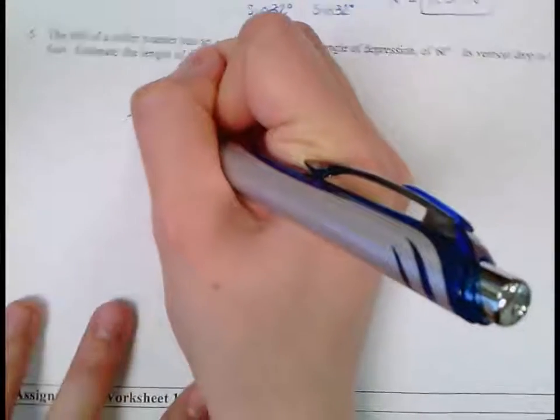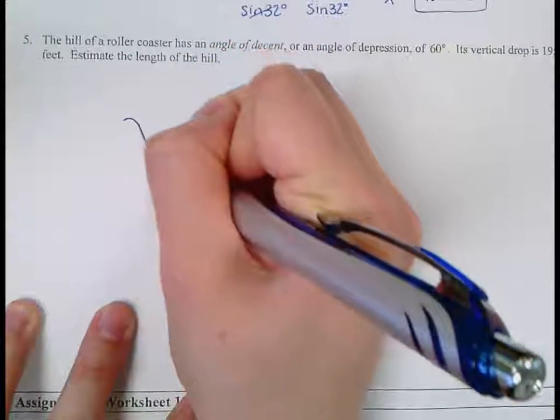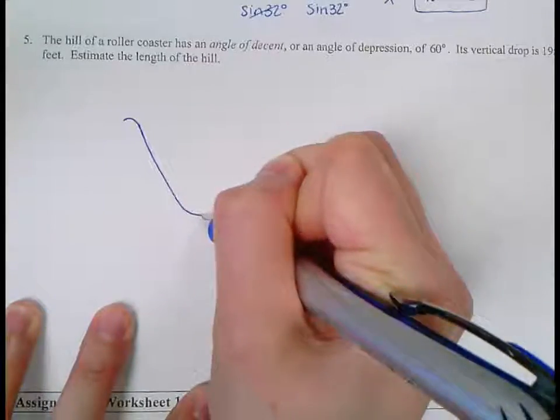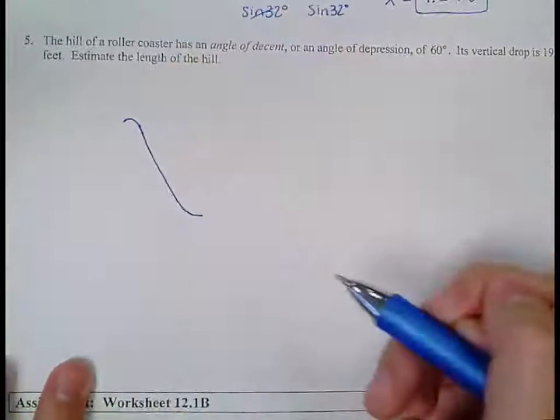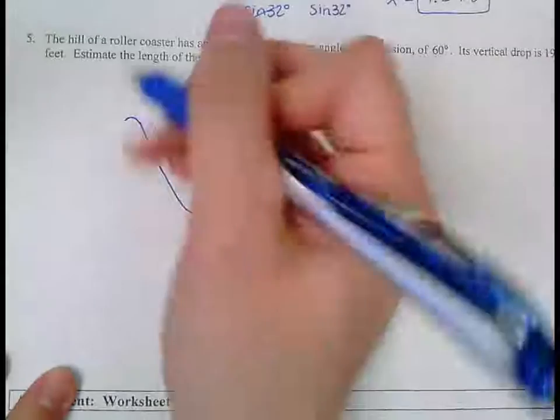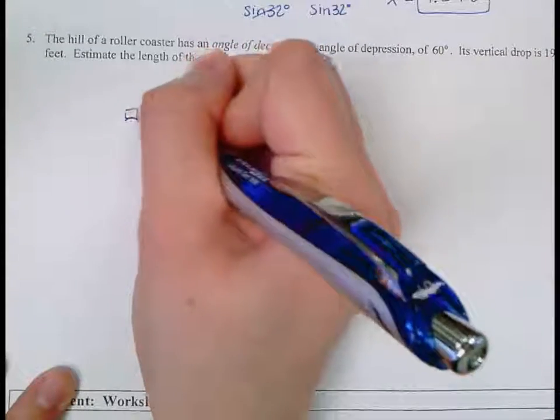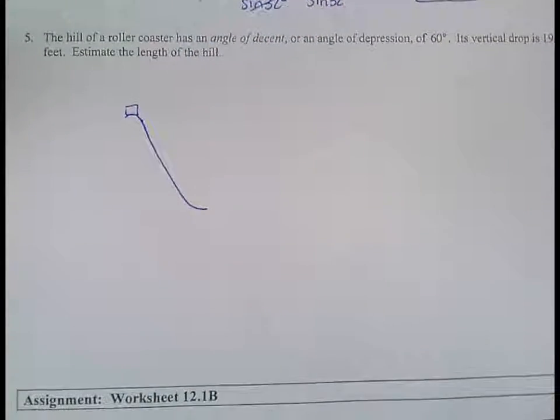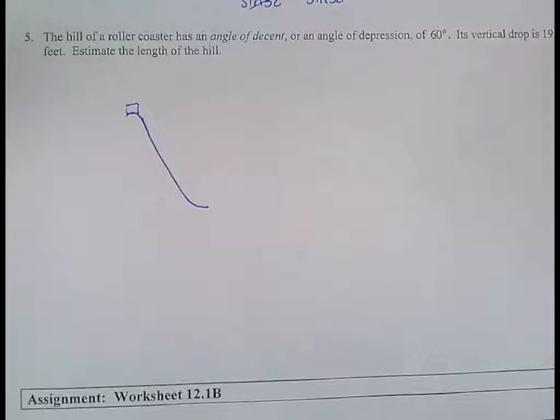I'm trying to draw that hill as linear as I can here. You can picture the roller coaster cars at the top. The hill has an angle of depression of 60 degrees.